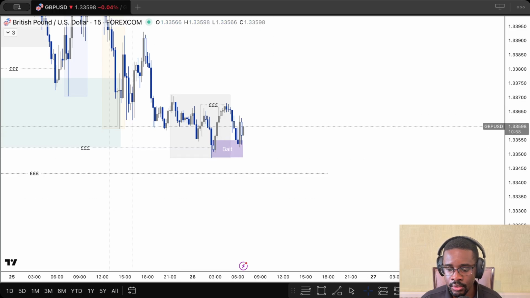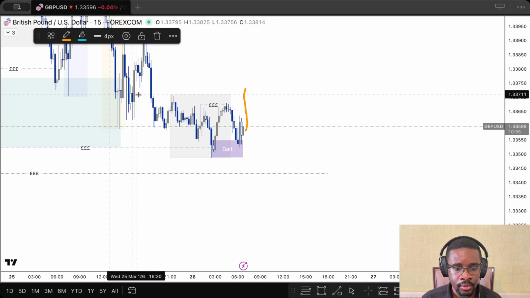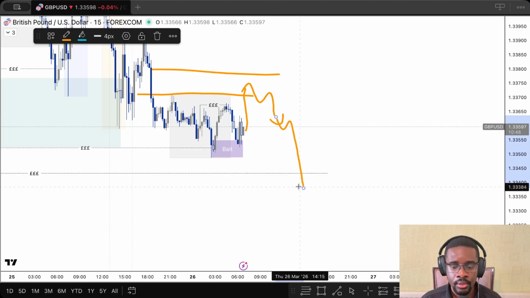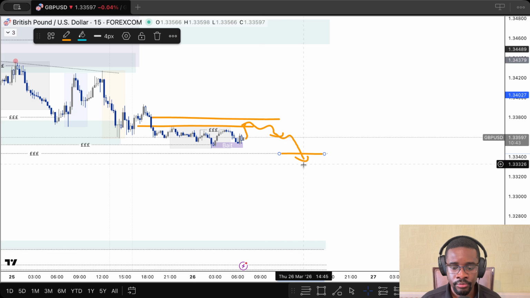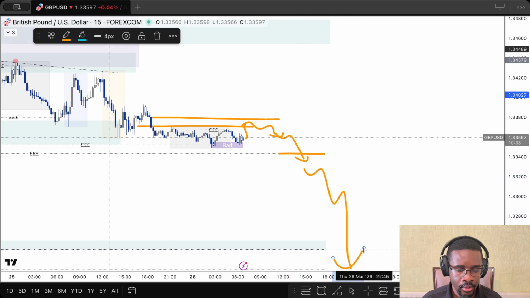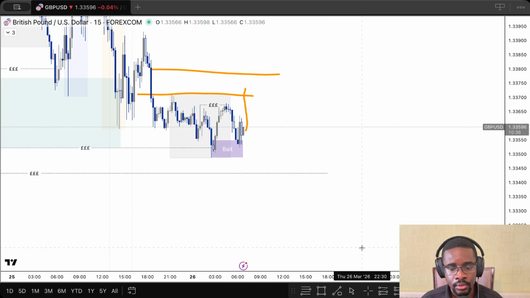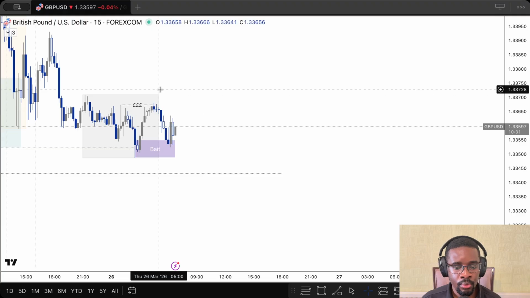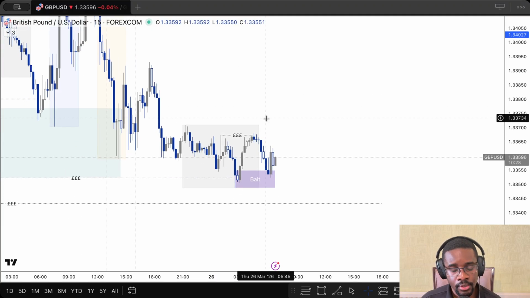Price could come up, sweep these highs, mitigate this level of imbalance, and then could start pushing down, targeting this low. And then remember, of course, overall we do have all of this at the bottom as well. So if that happens, that would be a pro swing counter internal type of trade. Those will be the things that I'll be looking at.